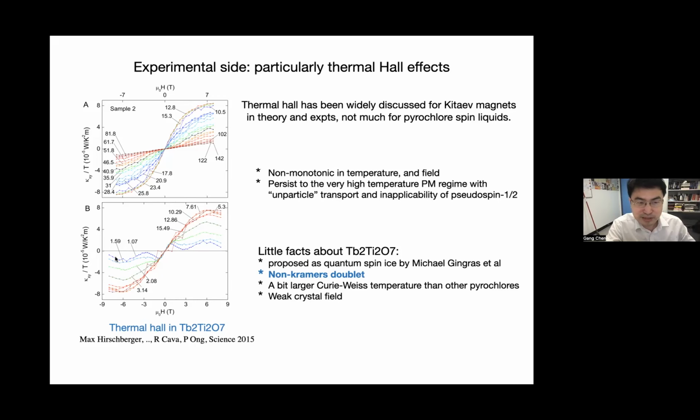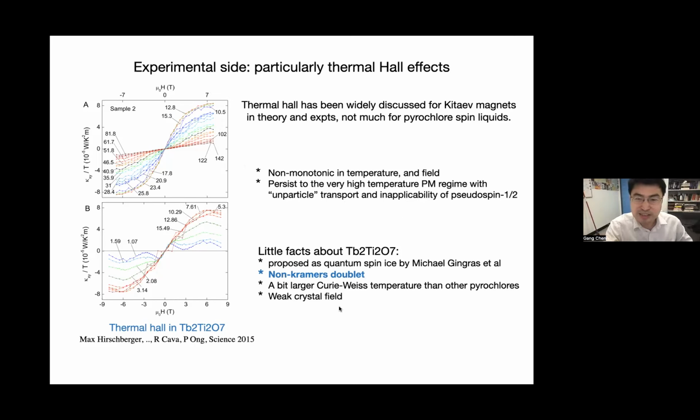And this is the thermal Hall measurement, and it shows a non-monotonic dependence on temperature and also on magnetic field. The thermal Hall conductance persists to very high temperature, in the paramagnetic regime without any quasi-particle-like transport, and even above the temperature where the effective pseudo-spin 1/2 description breaks down.